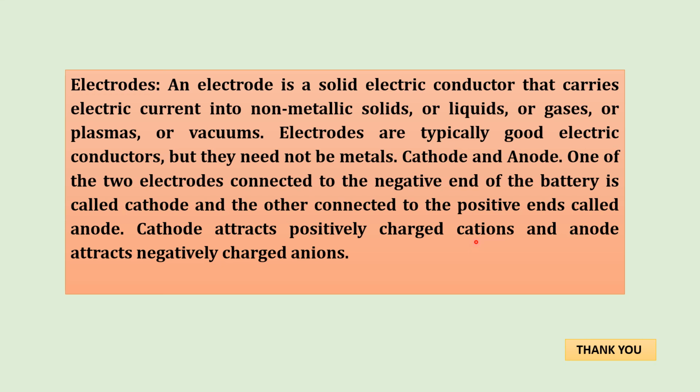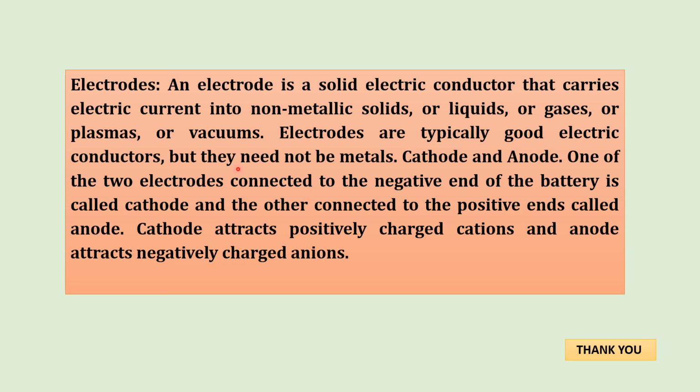One thing I want to mention: electrodes need not be metals. It's not mandatory that electrodes are always made of metals only. They can be made of graphite, copper, or platinum as well. These are generally the main types of electrodes. As I just told you, cation goes to cathode.